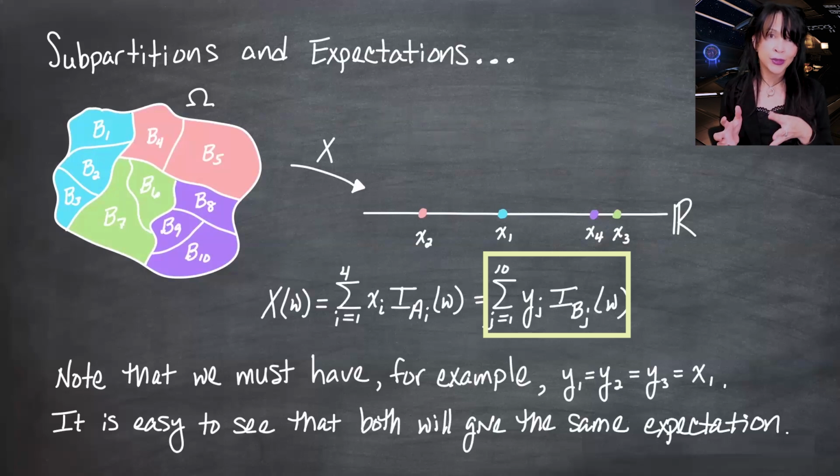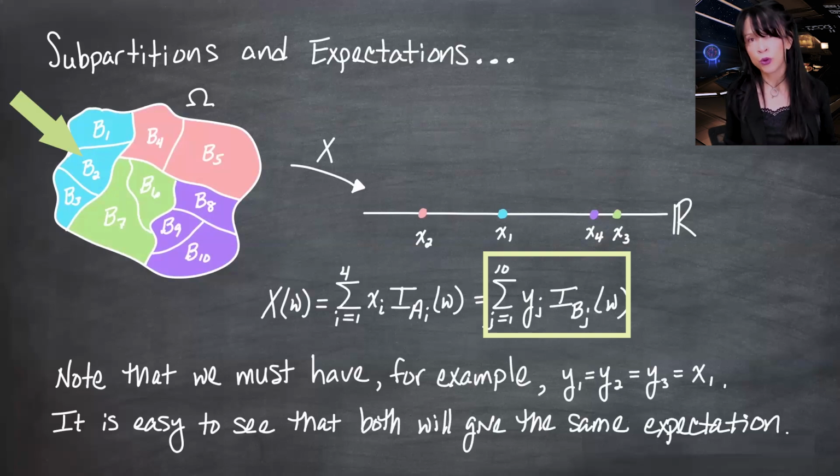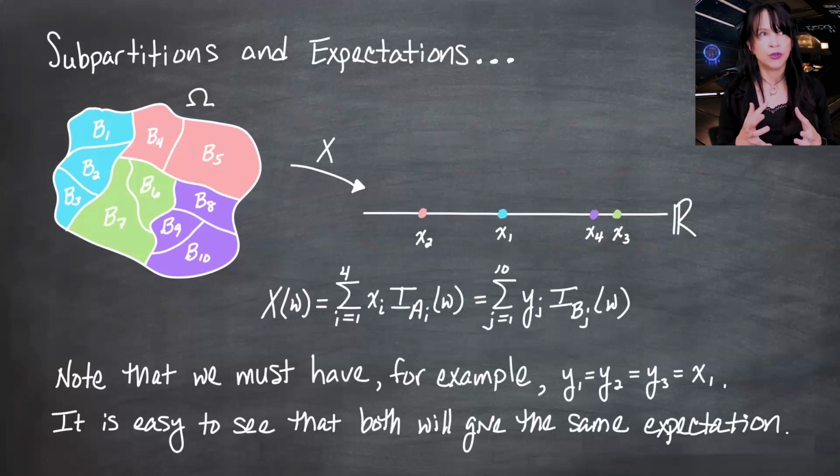So if you take the first 3 terms over here from the expectation, you can factor out that common coefficient x1, and you're left with the probability measure of B1 plus the probability measure of B2 plus the probability measure of B3, and those add up to be the probability measure of A1. You can see we're just adding pieces of area over here, or you can claim that you're using finite additivity of probability measures. So I claim that it's easy to see that a subpartition will always give you the same expectation, and that was kind of the proof. I just didn't write it out formally.